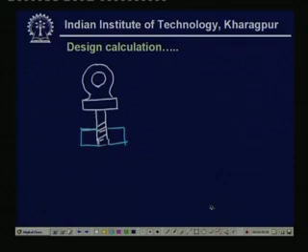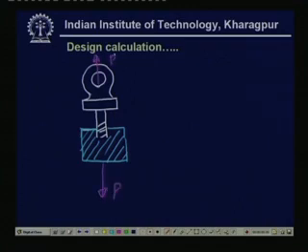So this is the nut, and a load is applied here. So this carries a load. Definitely here there is no pre-stress, and these are used for lifting a certain load.